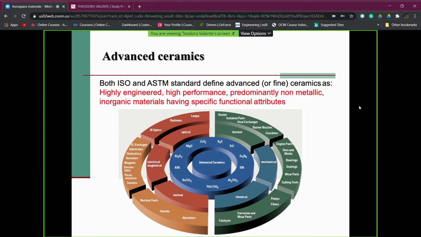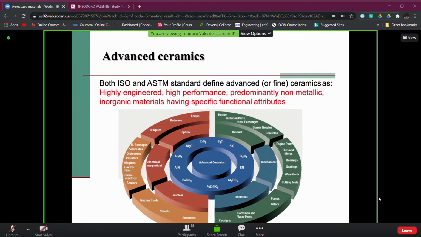And this is related to the specific fabrication technology which is used to fabricate components starting from the raw materials. Then the raw materials are usually synthetic raw materials, synthesized in the laboratory, obviously at an industrial level.